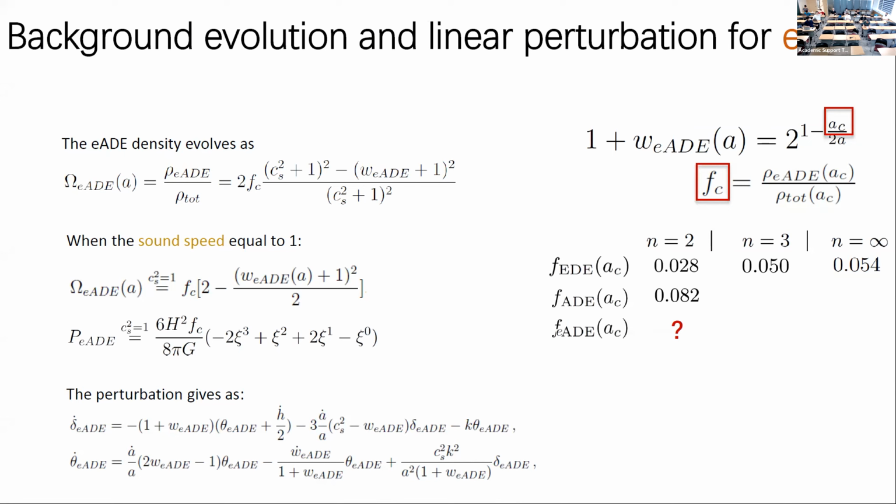So you always say sound speed equal to 1. So 1 means equal to the speed of light. Why do you call this sound? At the beginning, we also did the fitting for the CS.